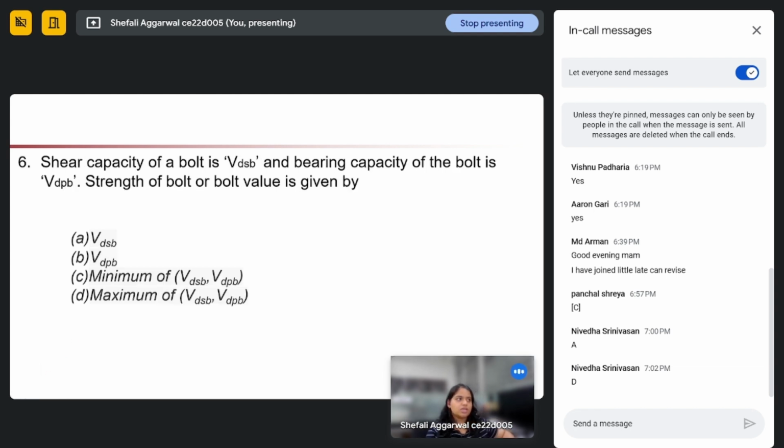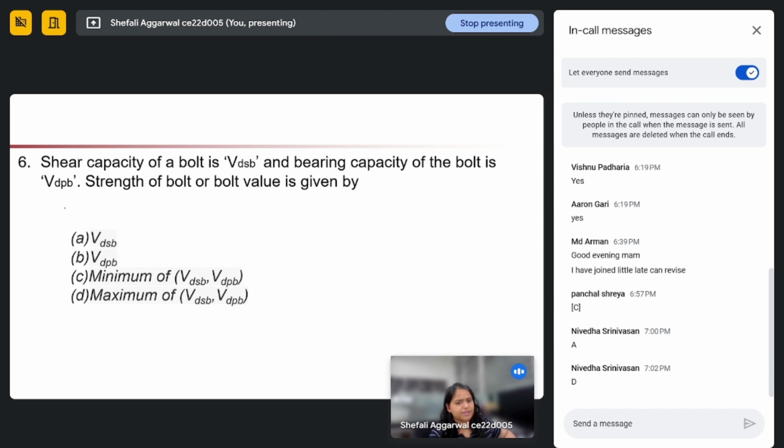Next question is shear capacity of a bolt is given by VDSB and bearing capacity is given by VDPB. Strength of a bolt or bolt value is given by VDSB, VDPB, minimum of both or maximum of both. I think this is a very easy question. How will strength be given by one type of capacity?